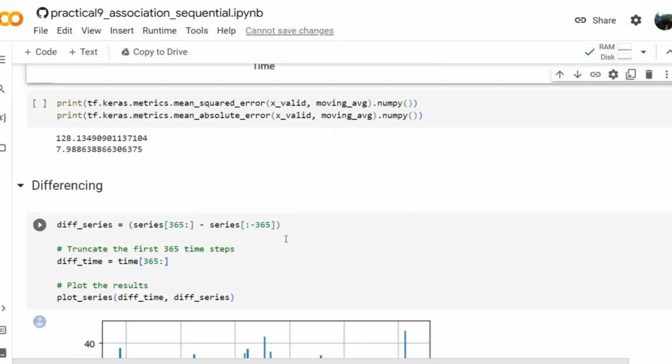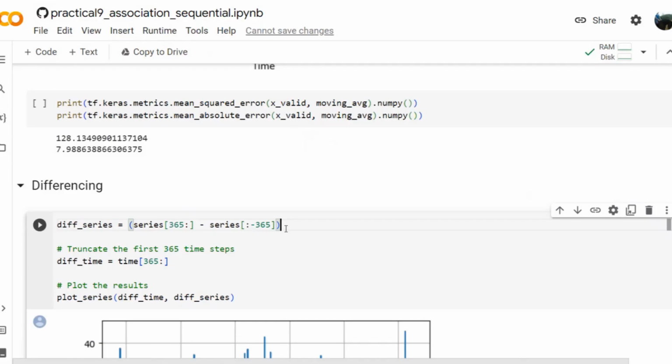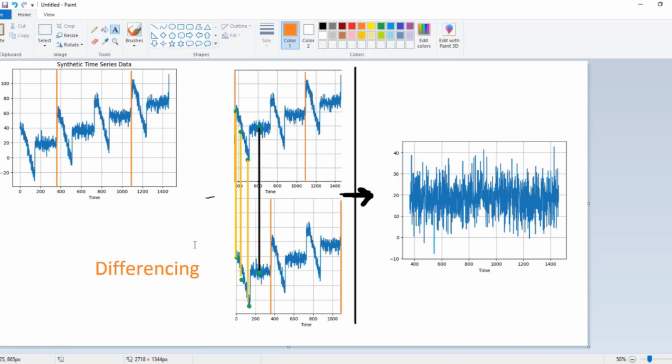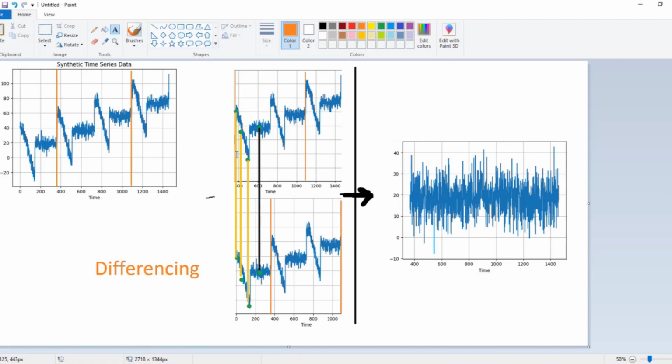So this is what we have done here in this code. The picture I showed you is exactly this line of code. This is the same exact picture. If you like visualization, this is the visualization for this piece of code.